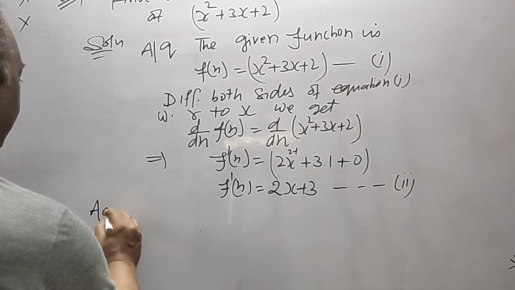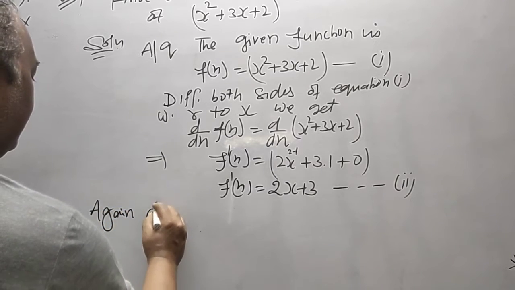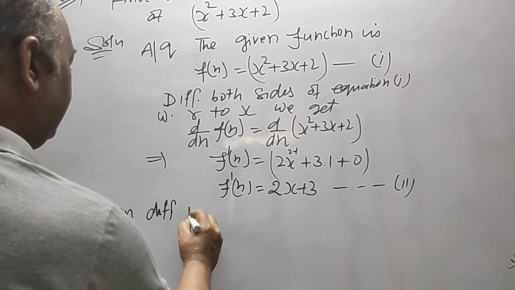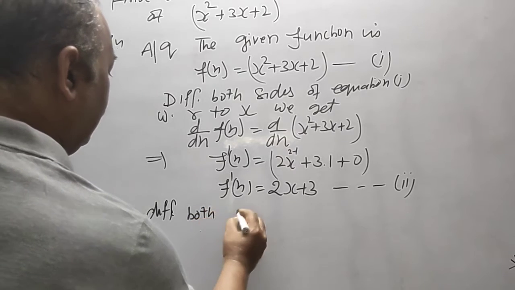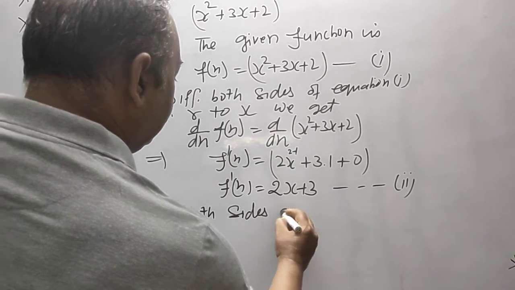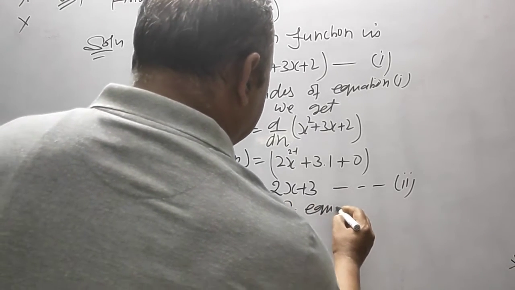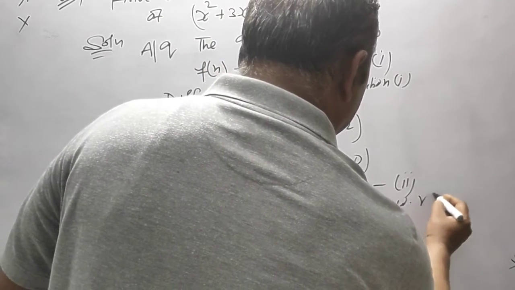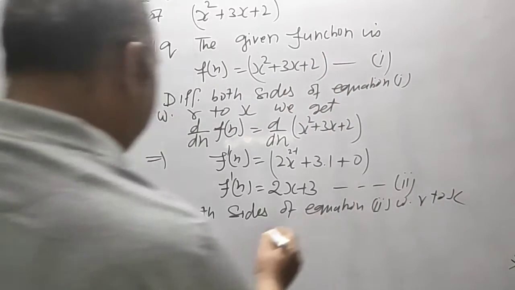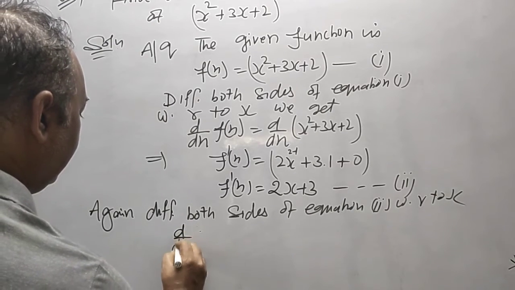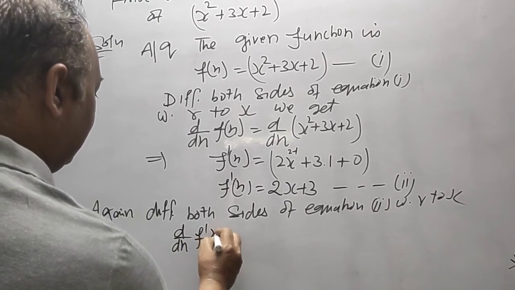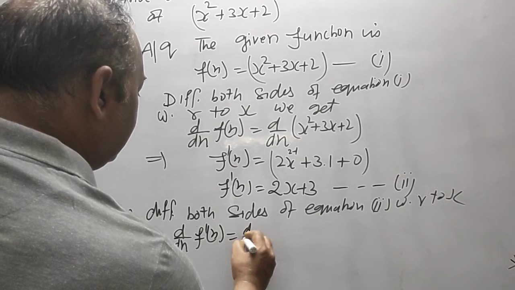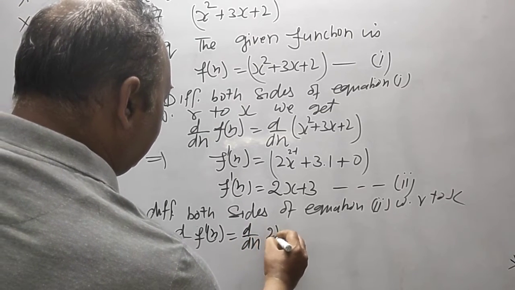Again differentiating both sides of equation 2 with respect to x, we get d upon dx of f dash x, that is equal to d upon dx of 2x plus 3.